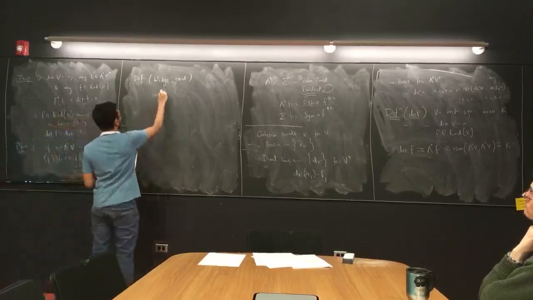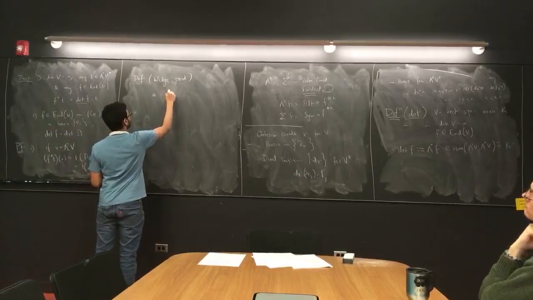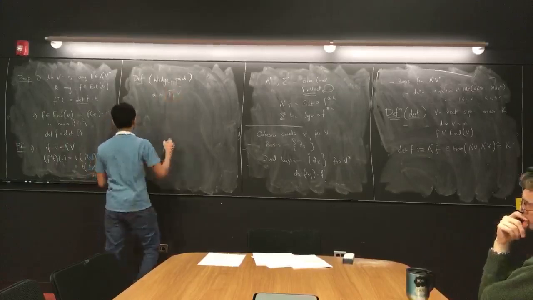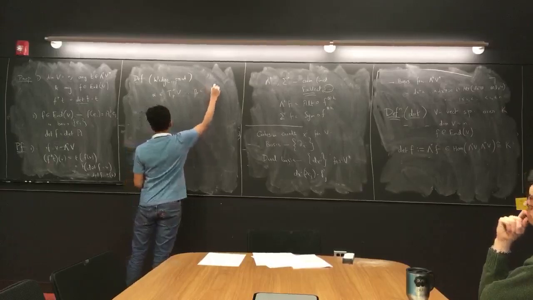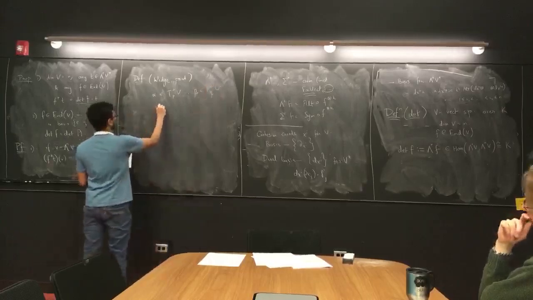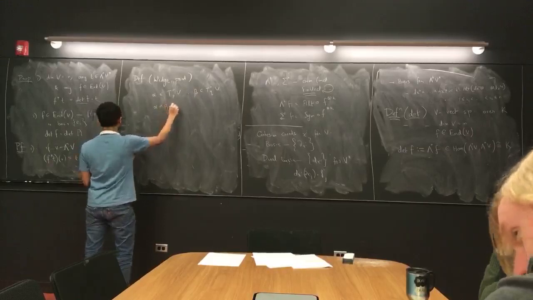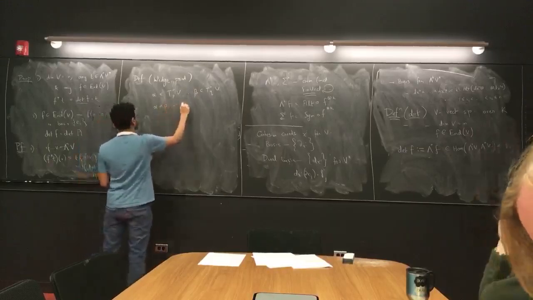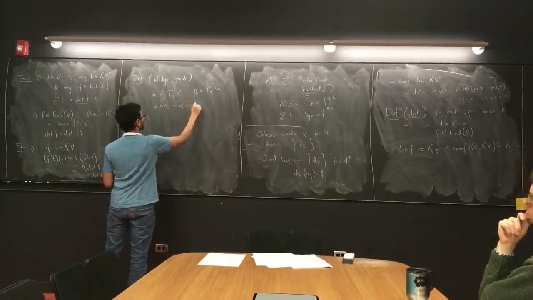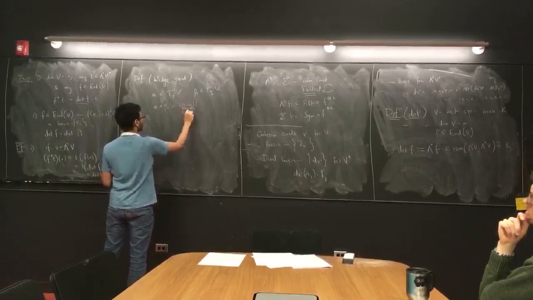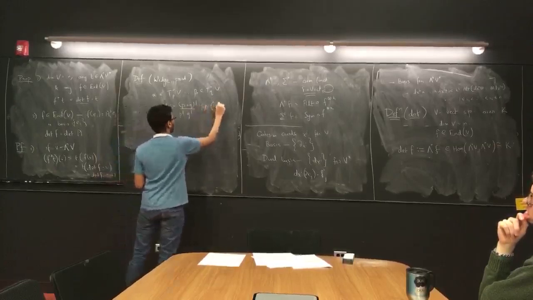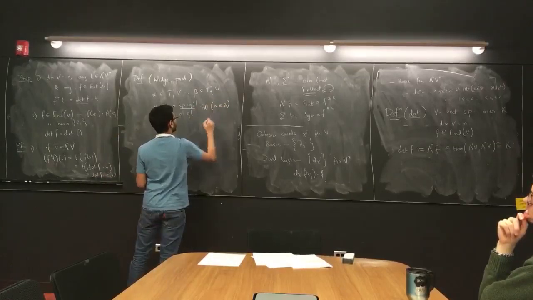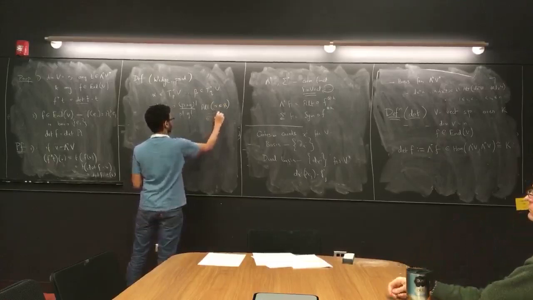So if alpha and beta are two forms, we define alpha wedge beta as (p plus q) factorial divided by p factorial q factorial, times the alternation map acting on alpha tensor beta. And this is an element of lambda p plus q.